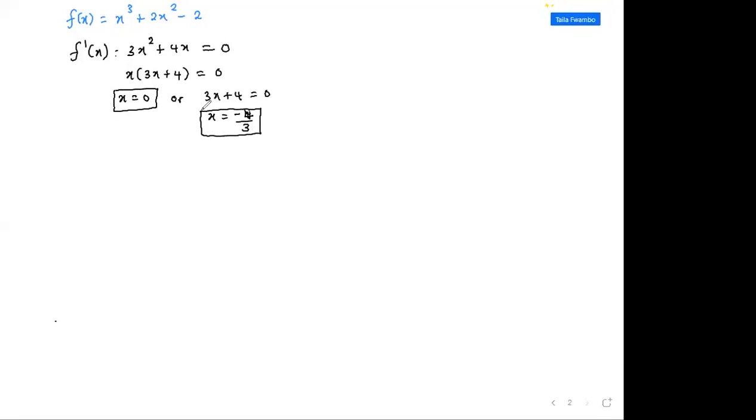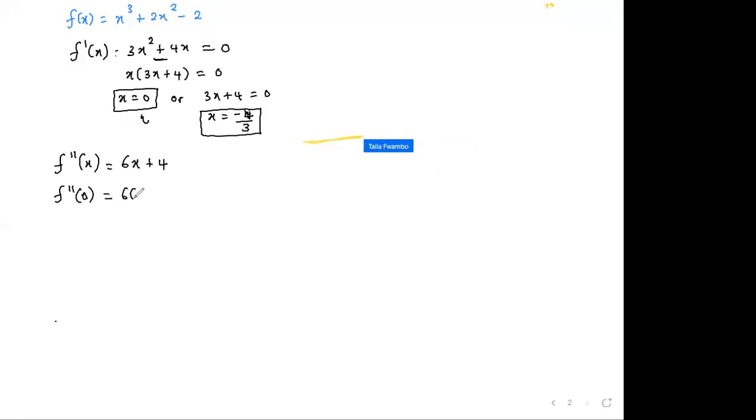What follows next is to go back to the function and differentiate it again. The derivative is here. So we differentiate the derivative. So we get 6x plus 4. From there, we come back to the numbers that we got and substitute them in the second derivative.